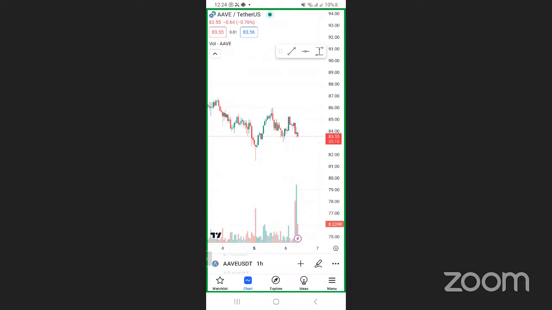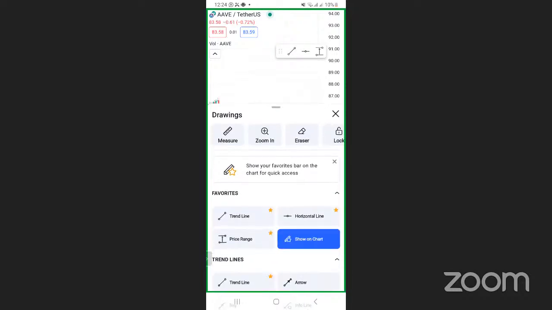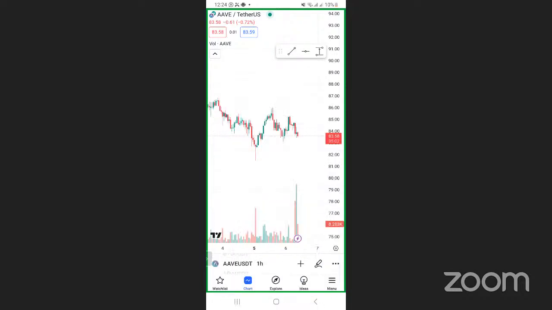So the first indicator that I personally like are support and resistance. You get it? Now, what is support and resistance? Our market is like a floor. It's like a storage building. You get it?